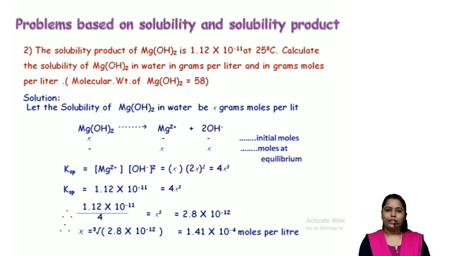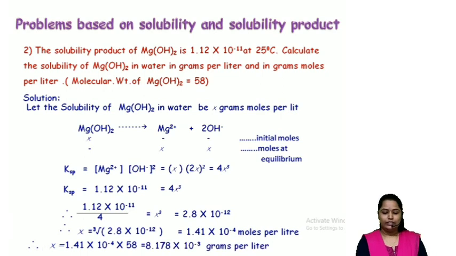Now again we have to calculate the solubility in grams per liter. For this, the solubility in moles per liter is multiplied by the molecular weight, and we get the solubility equal to 8.178 into 10 raised to minus 3 grams per liter.